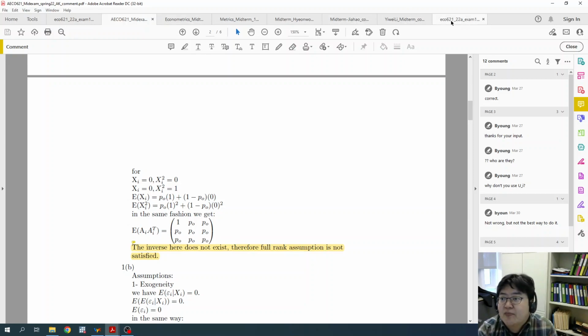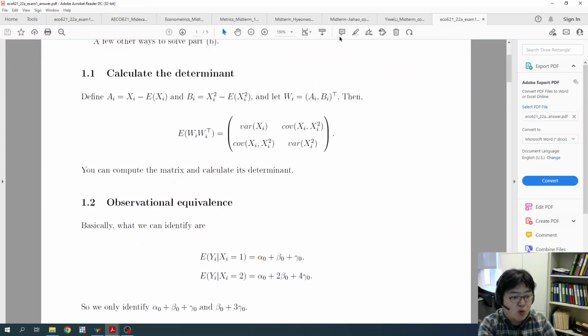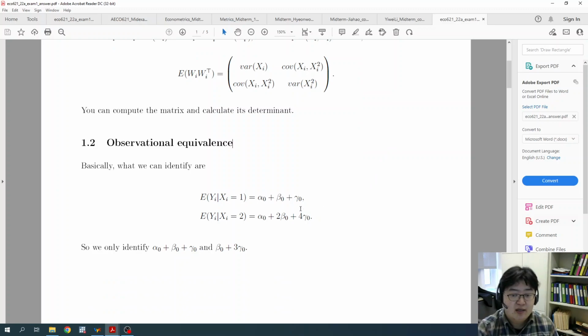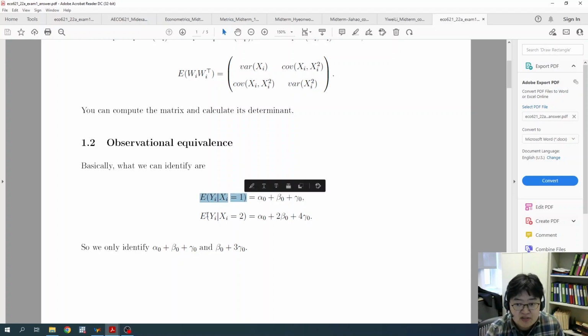Another way to show non-identifiability is to show observational equivalence. I'm just showing you the intuition. From the data when x is binary, basically all the information can be summarized by two numbers, conditional expectations.